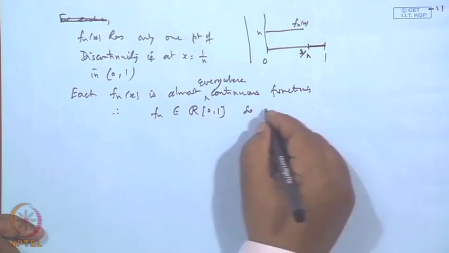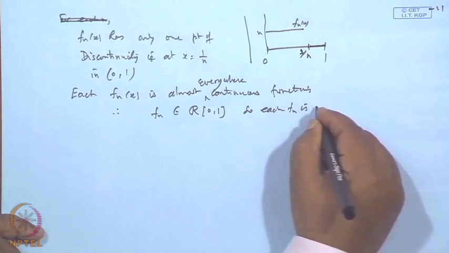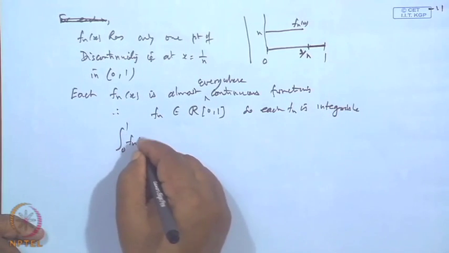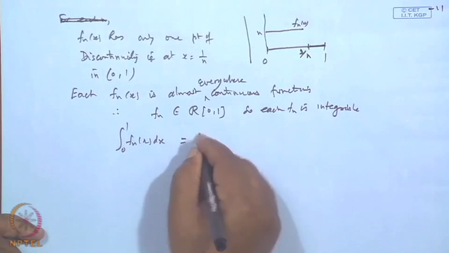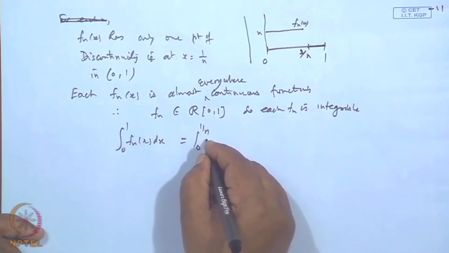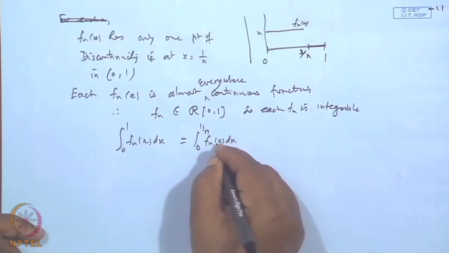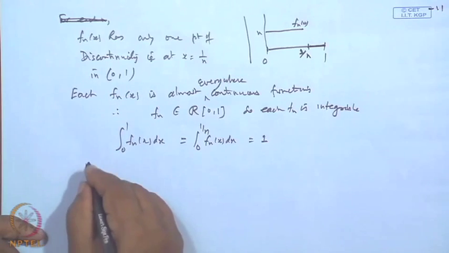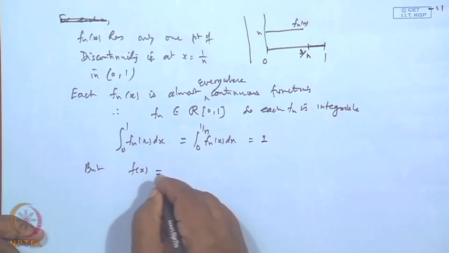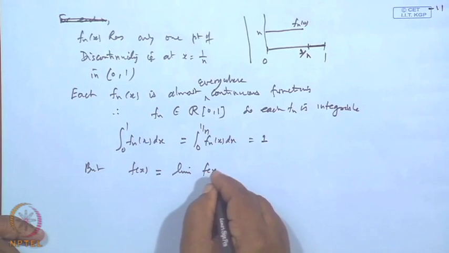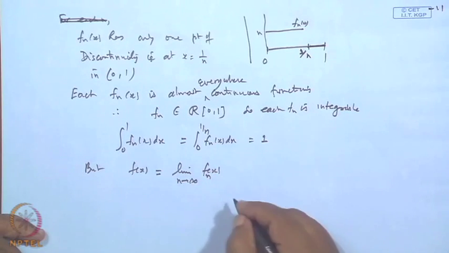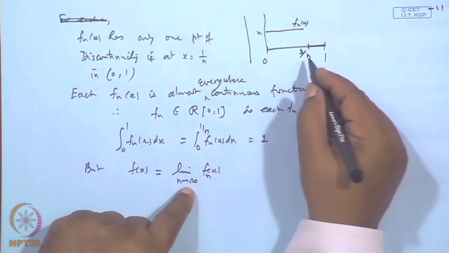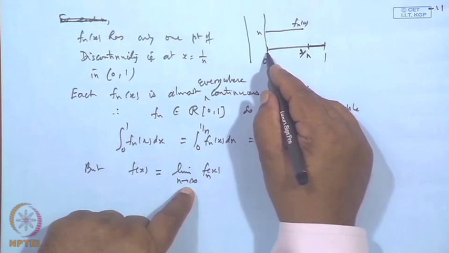In each f n is integrable, and the value of this integral, 0 to 1 f n x dx, is equal to 0 to 1 by n f n x dx, and f n x on 0 to 1 by n is n. So, basically it is 1. Okay. But what is f x? F x is the limit of f n x as n tends to infinity. Now, when n is sufficiently large, this point coincides almost with 0.